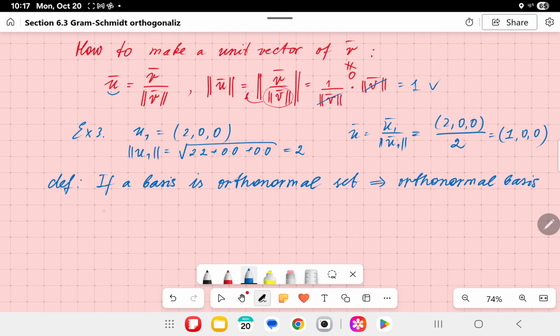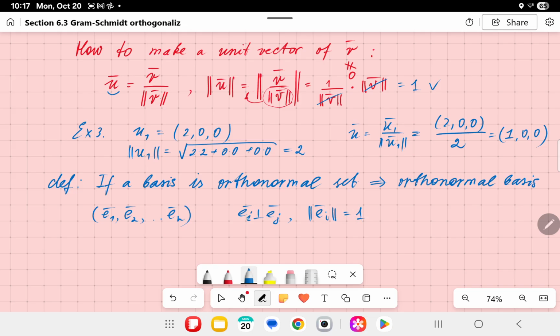And we are going to use special letters to label vectors of that basis: E1, E2, En. Here vectors E are orthogonal to each other, I'm going to write it in I, J, and the norm of E_i, for all of them, is equal to 1.